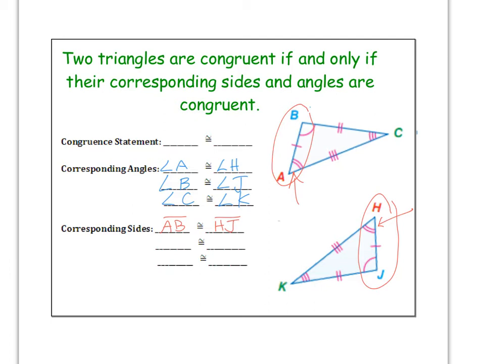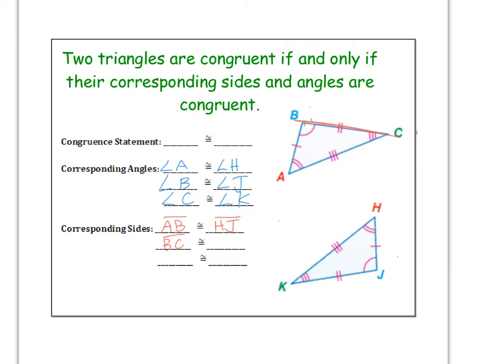Next, let's talk about the side with two tick marks on it. So how about BC? So BC in the one triangle, let's see, what does that compare to in the other triangle? So BC goes from the single curve over to the triple curve.